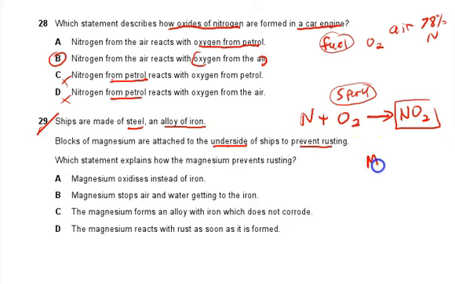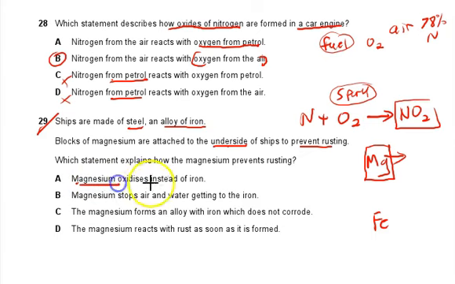Because magnesium is in a much higher position compared to iron, it will be oxidized first rather than the iron. This is also called a sacrificial metal. Okay, now let us look one by one.